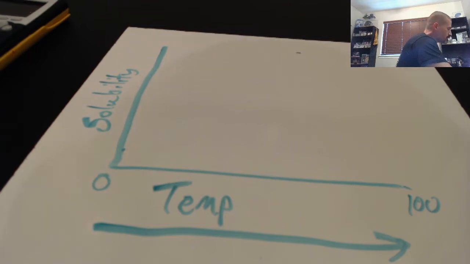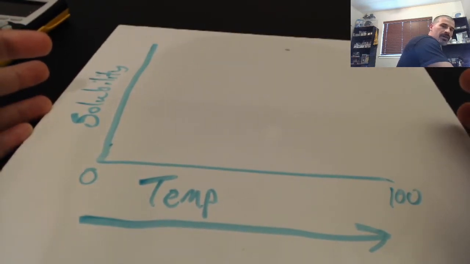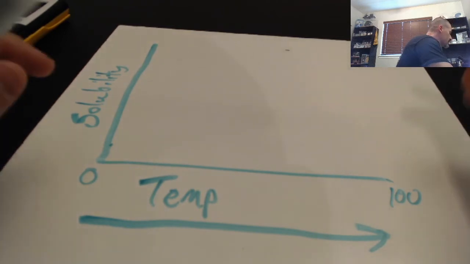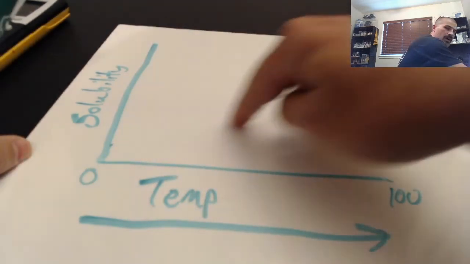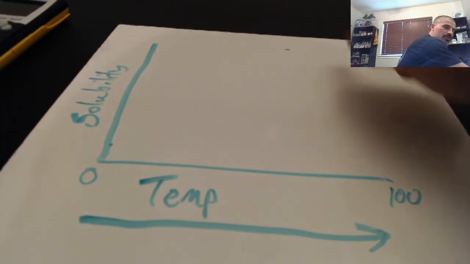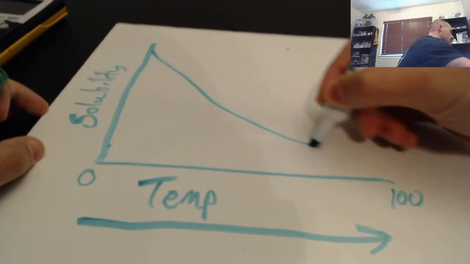So if we're going to put that on a line graph, and we know that solubility is supposed to decrease as temperature increases, what should that look like in terms of our line? Well, solid went up. The opposite would be true about a gas. A gas's solubility line would go down.